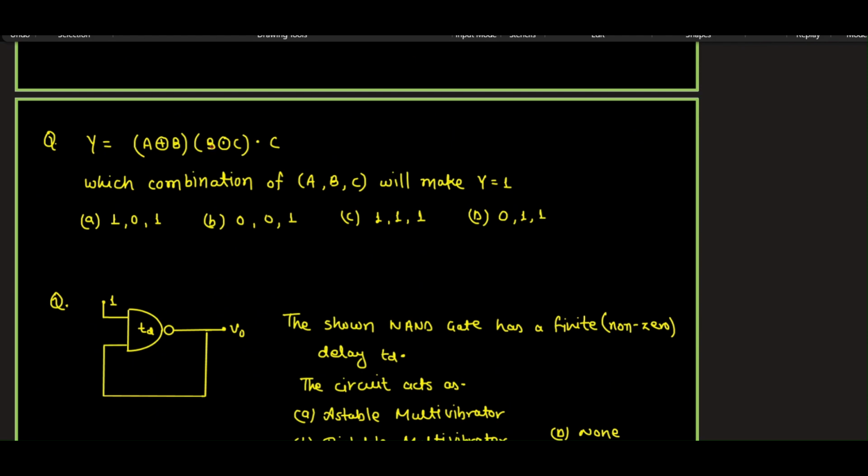Now (A XOR B) times (B XOR C) plus C, which combination of ABC will make Y as 1? Let me expand this.